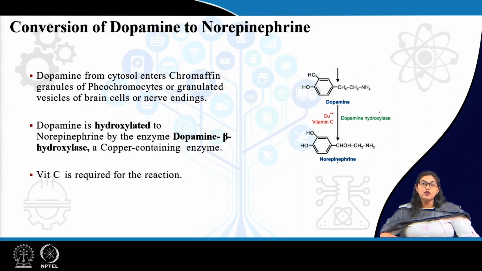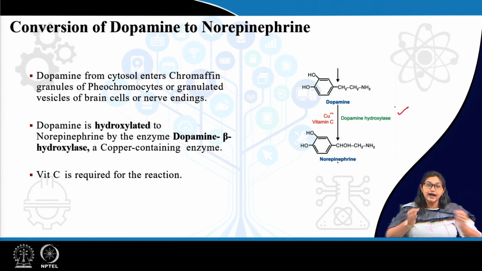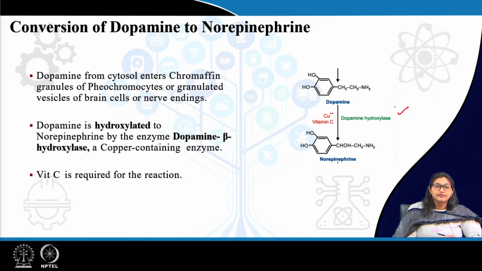So, dopamine is now forming another catecholamine, norepinephrine, with the help of the enzyme dopamine hydroxylase. Now, this hydroxylation occurs... remember, dopamine was formed in cytosol. From cytosol, dopamine enters chromaffin granules, and those chromaffin granules are mainly located in pheochromocytes or the granulated vesicles of the brain cells or nerve endings.